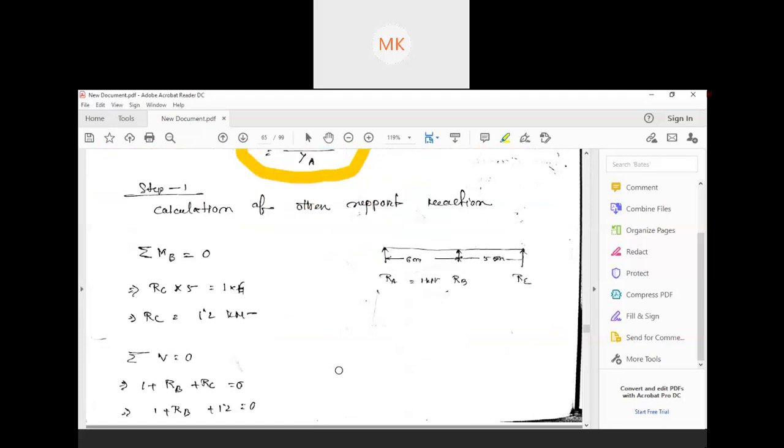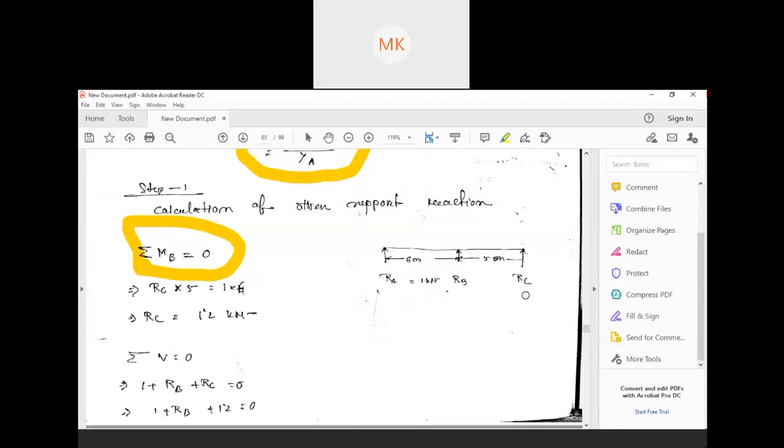First step, we need to find out the support reaction. Okay, as you can see here, there are three reactions: RA, RB, and RC. I think all of you know how we need to find out the reaction. For that, we need to use the equilibrium equation. So by using the equilibrium equation, you can easily find out the support reaction at every point. First, we are using summation of MB equal to 0.